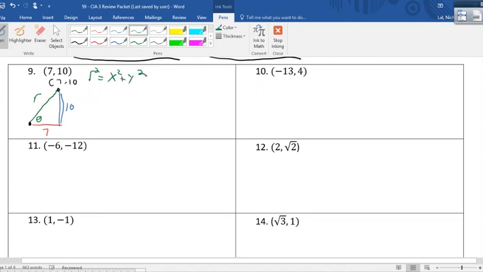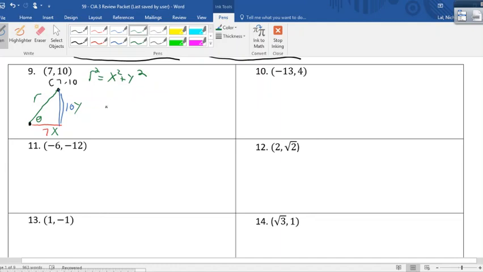That comes directly from the Pythagorean theorem, because 7 is the x component and 10 is the y component of the right triangle. The leg of a right triangle squared plus the other leg squared is equal to the hypotenuse squared, so r squared is equal to x squared plus y squared.